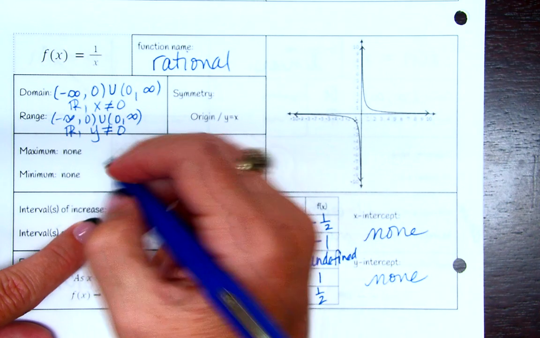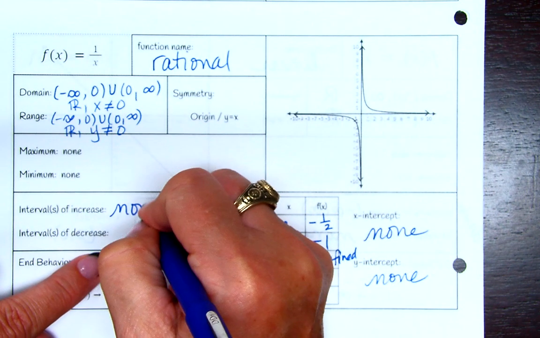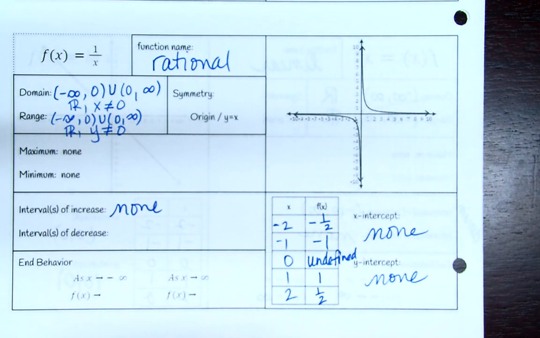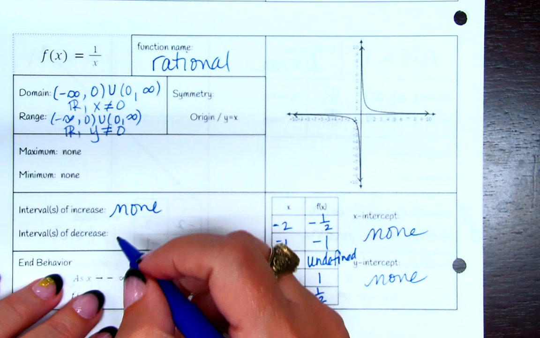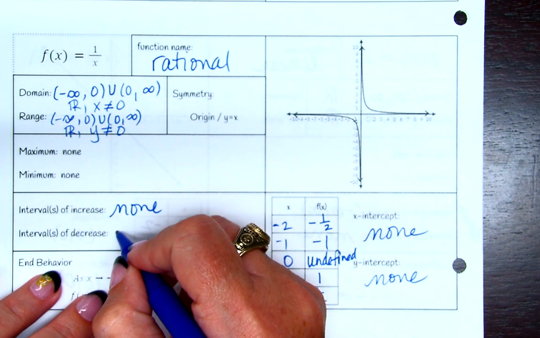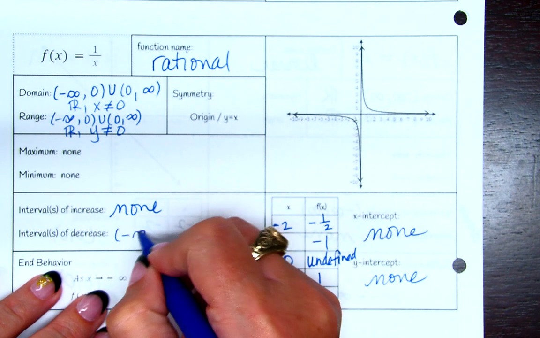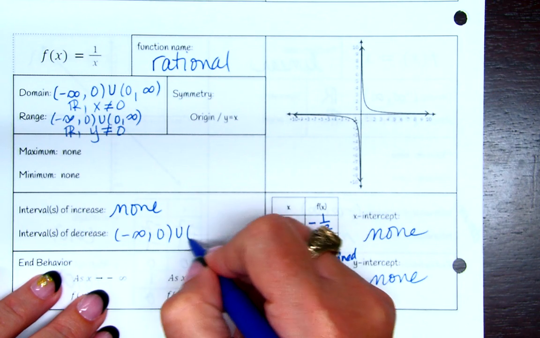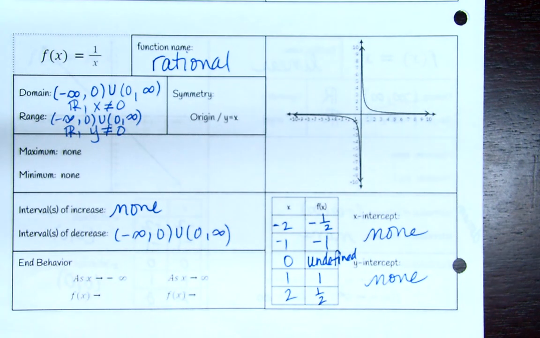It doesn't. There's nowhere that's increasing. So if there's nowhere that it's increasing, where is it decreasing? Everywhere, right? It's not a constant where we have none and none. If it's not increasing anywhere, then it's decreasing everywhere across the whole domain.